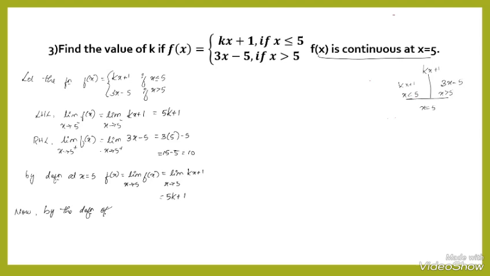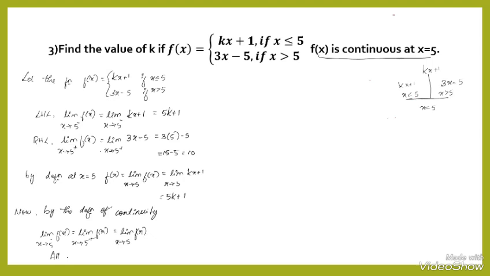we say left hand limit x tends to 5 minus f of x is equals to right hand limit x tends to 5 plus f of x. Then the function limit x tends to 5 f of x, all are coincident at x is equals to 5.